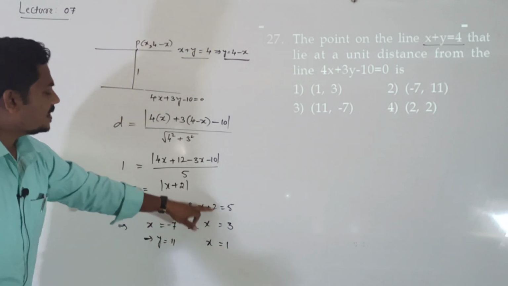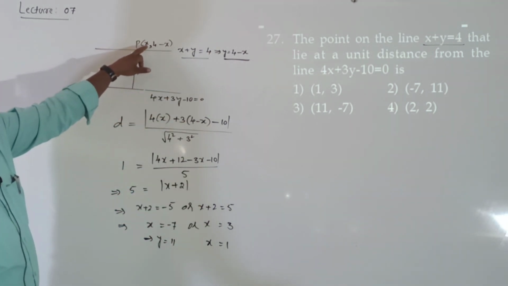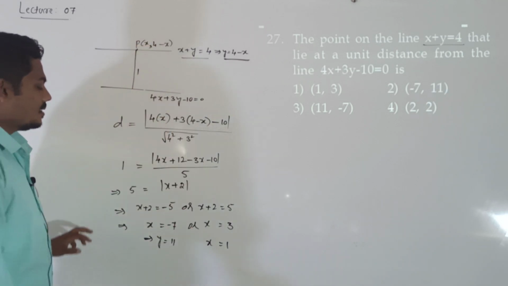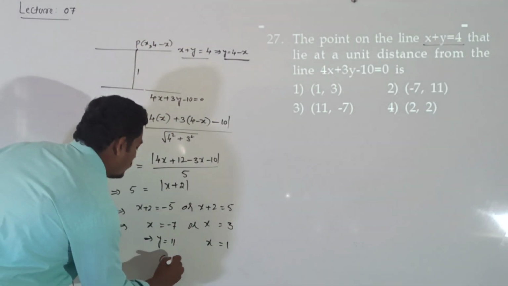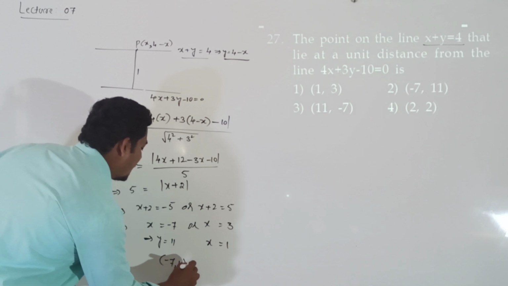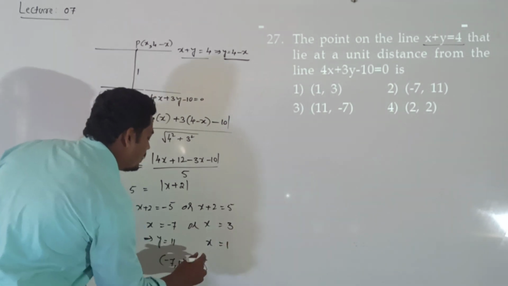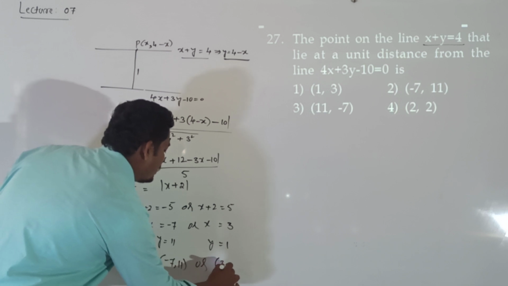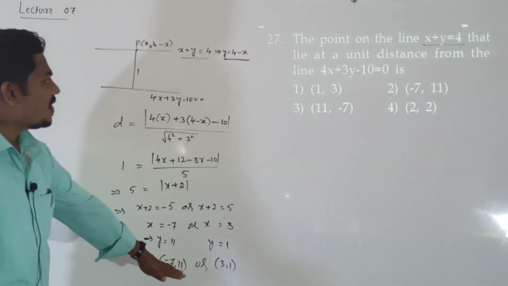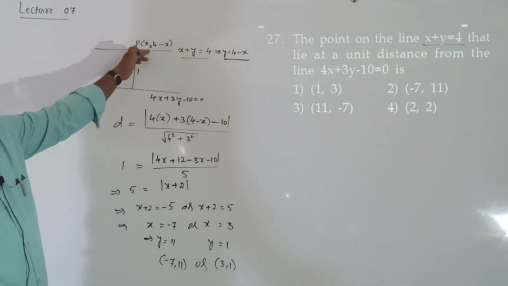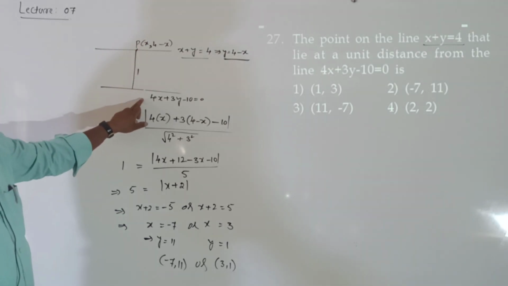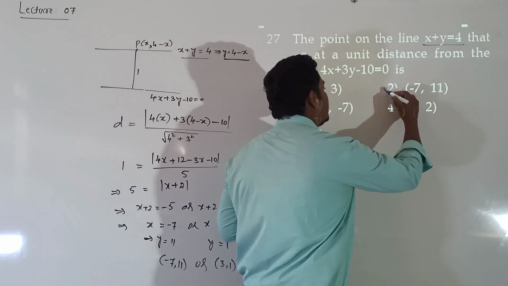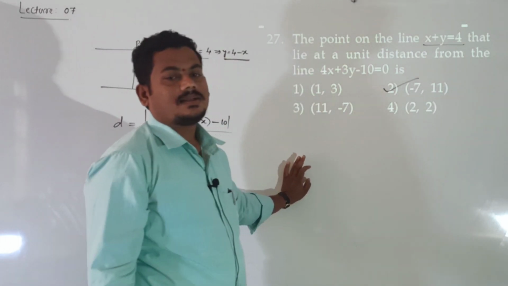x value 3. If you take 3 comma 4 minus 3, that is 1. Means the points are minus 7 comma 11 or 3 comma 1. These 2 points lie on this line and at a unit distance from the other line. But in the given options, minus 7 comma 11 is given.